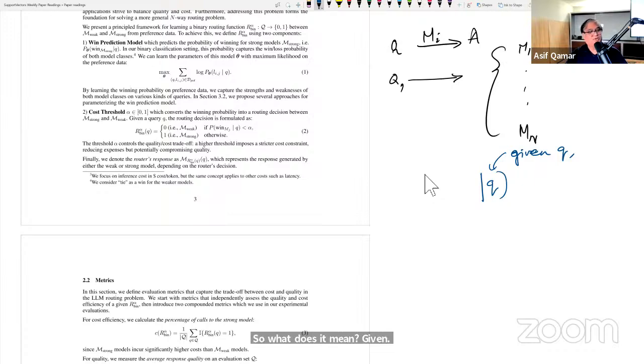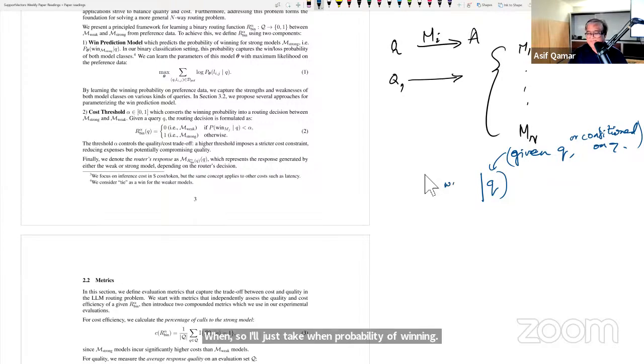Given Q, or condition Q. What we want to do is find out the probability of winning, right? One of the three things: strong model wins, ties, or loses.